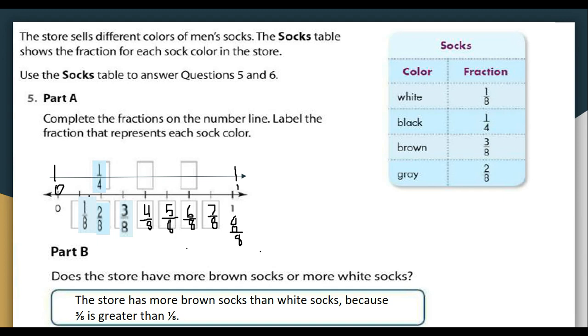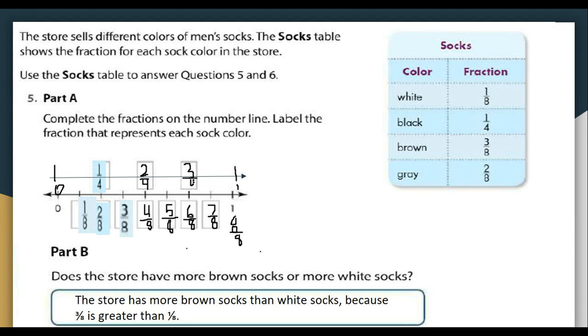And after 1/4, what will come after that? Go ahead and jot it down. Well, I remember that 2/4 will come after 1/4. And then we will place 3/4 after 2/4.